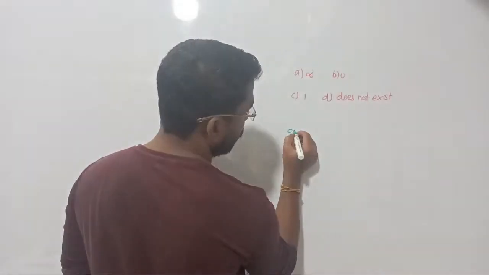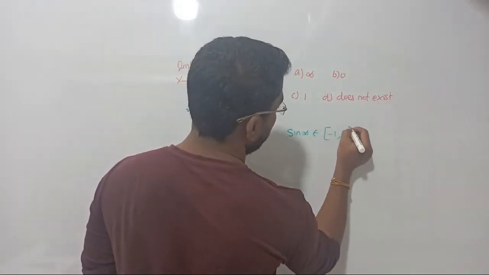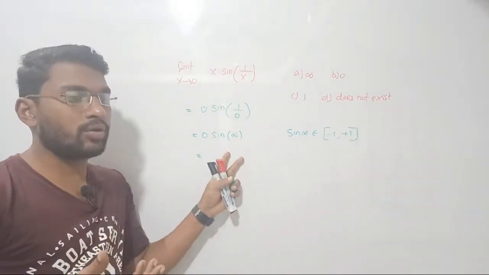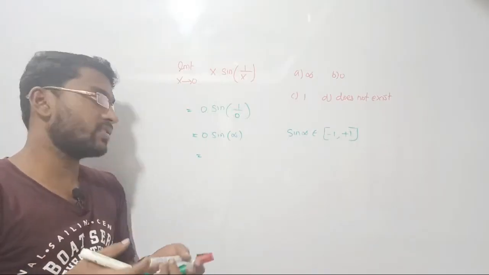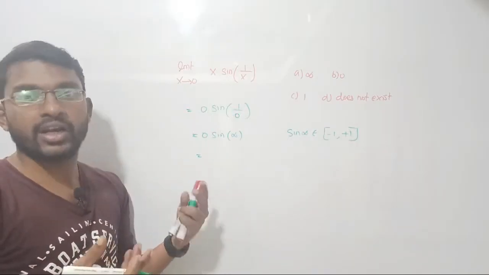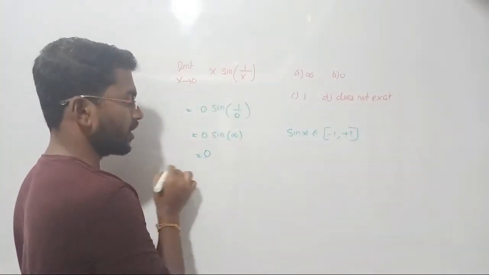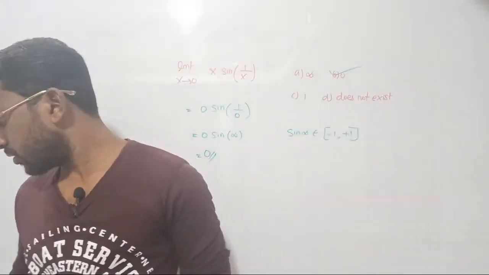Because I already told you sine of infinity should strictly lie between -1 to +1 only. So it might lie between -1 and +1, there is no indeterminate value. It might be -0.7, 0.8, 0.6, 0.4, 0.3, 0, anything, right? So all are bounded values only. So bounded into 0 will become 0, right? So the answer is 0, option B. Very simple question, right?